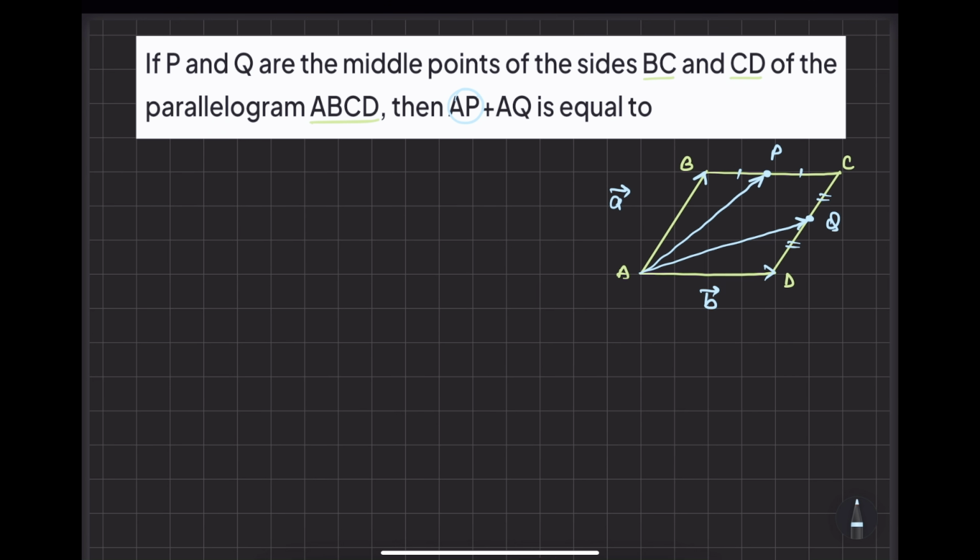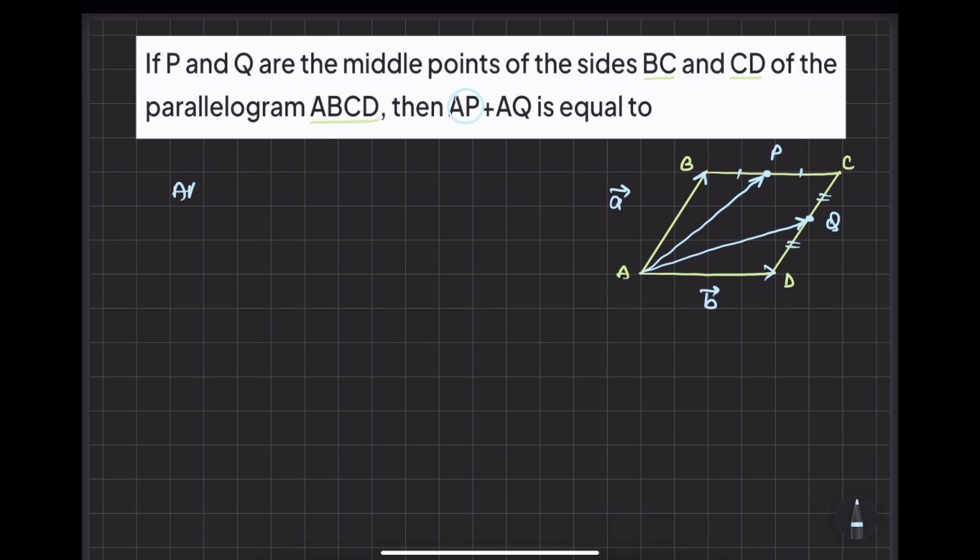Now if AD is vector B, BC will also be vector B. And PC will be what? Half of vector B. And similarly CQ will be half of vector A. Correct.